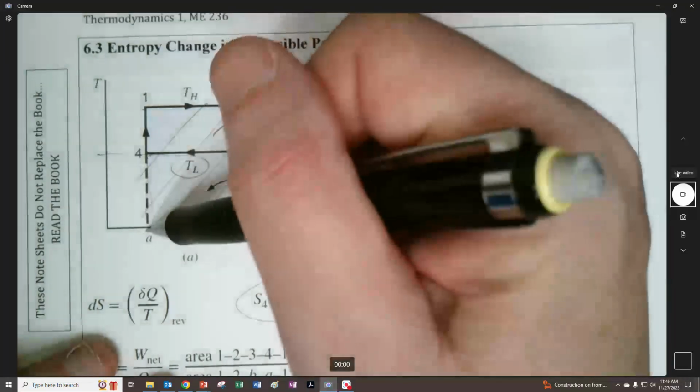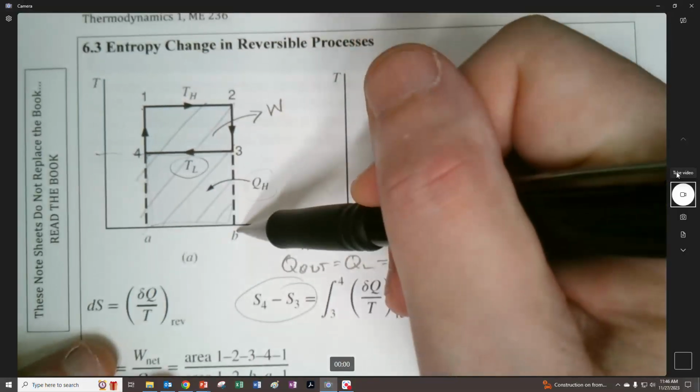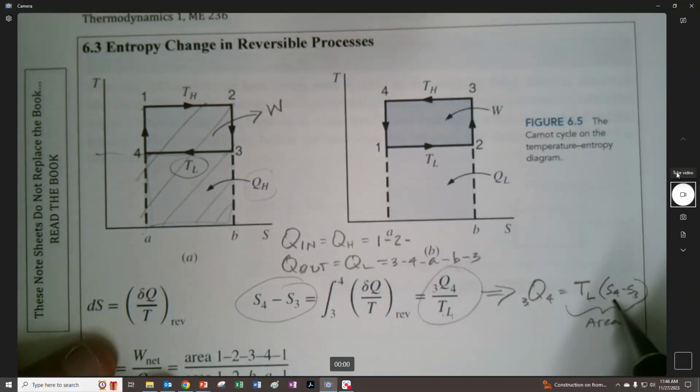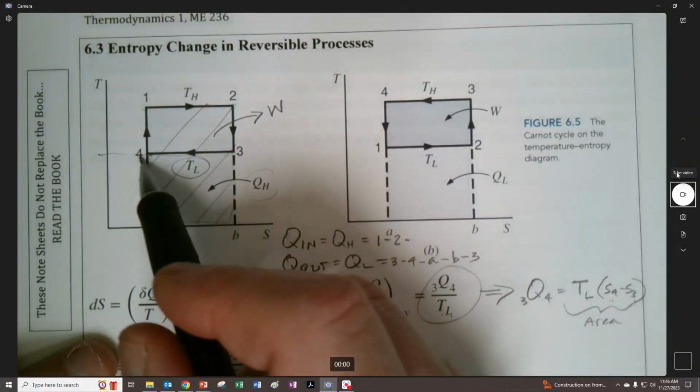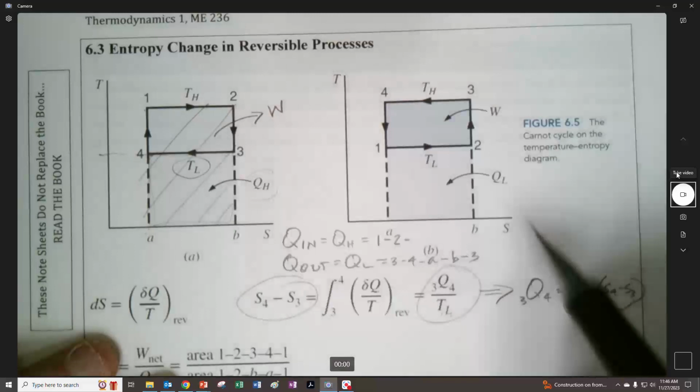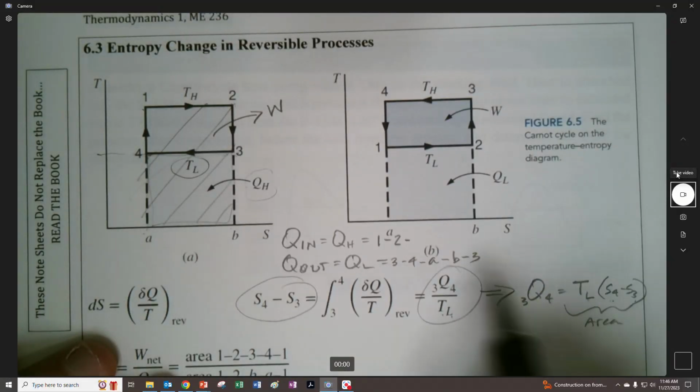Here is the height, TL of this rectangle, and 4 to 3, there to there, is the width of it. So we have height times width, so we have area right in there.